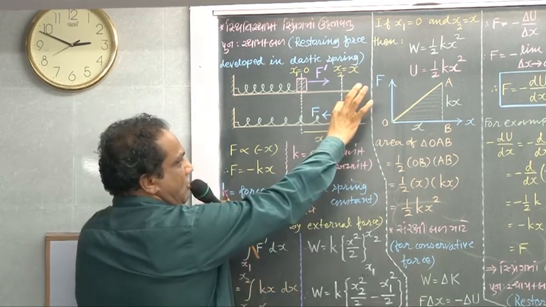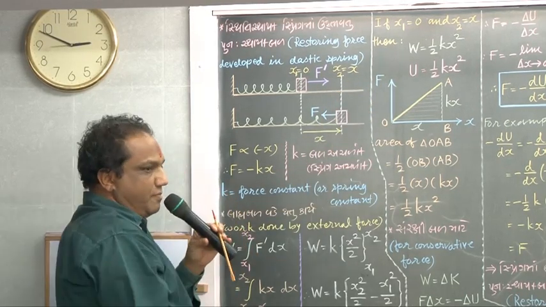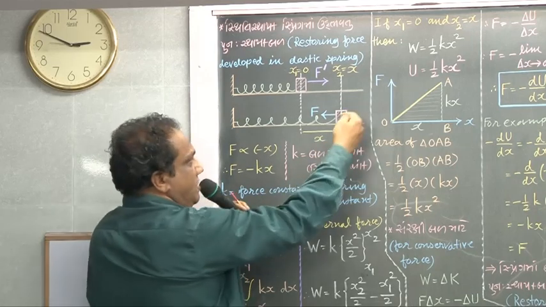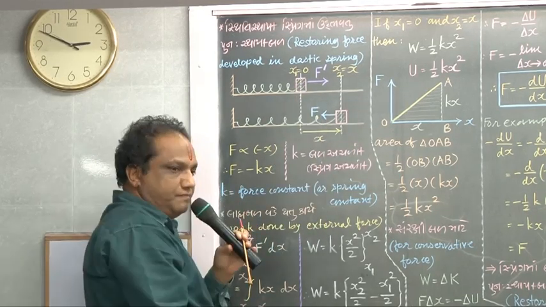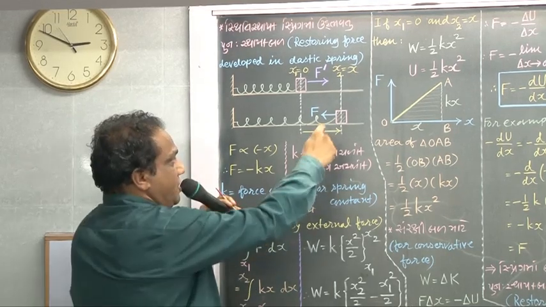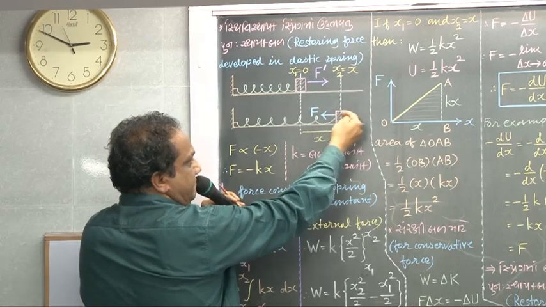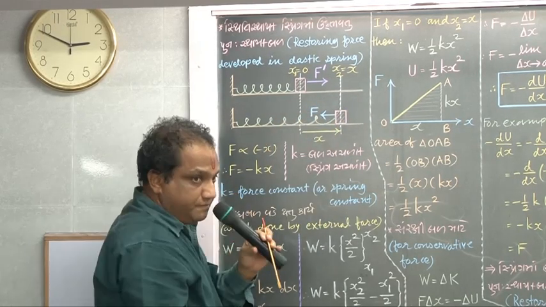You just leave the block. Release it. What happens? This block rushes back towards the equilibrium position. Correct? So why is the block moving towards the left side? Because some force must be exerted on the block.